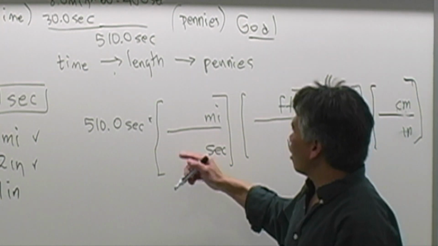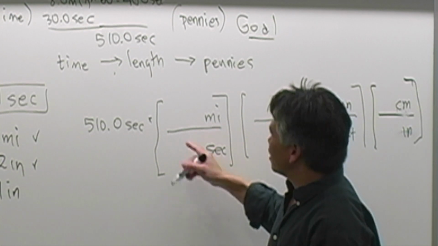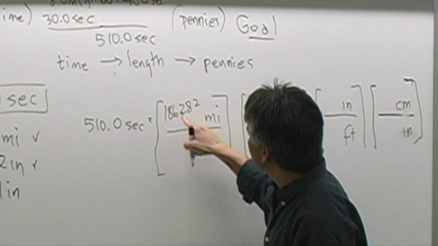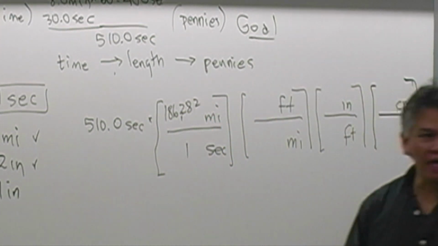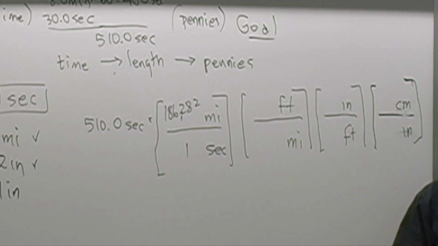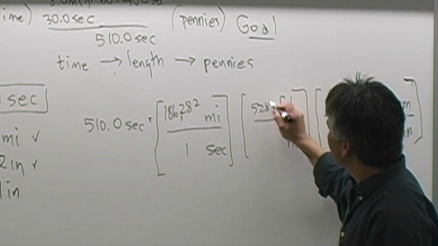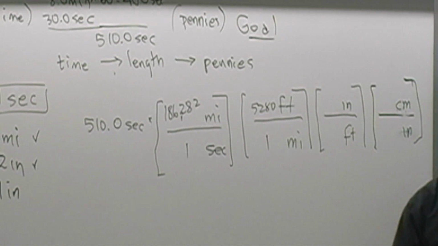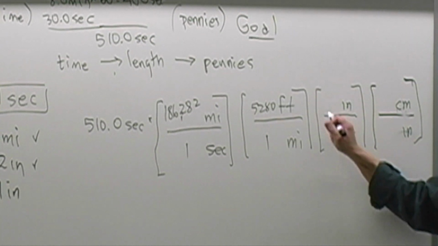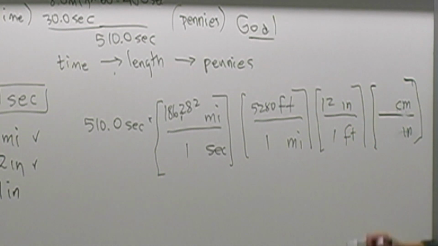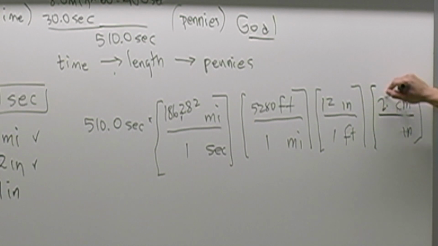I know that for every 186,282 miles, I have 1 second. That's the speed of light. For every 5280 feet, I have 1 mile. That's how many feet in the mile. For every 12 inches, I have 1 foot. For every 2.54 centimeters, I have 1 inch.